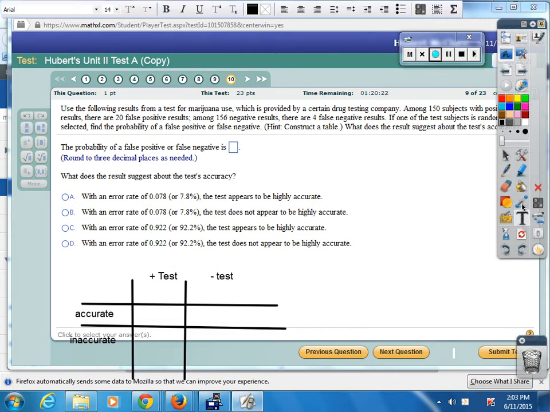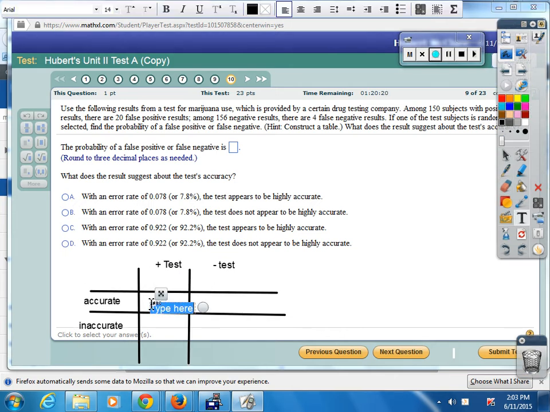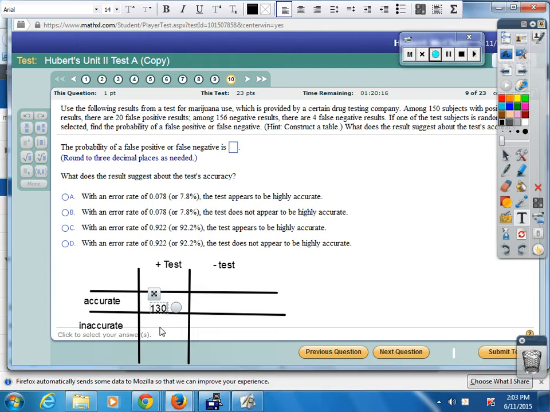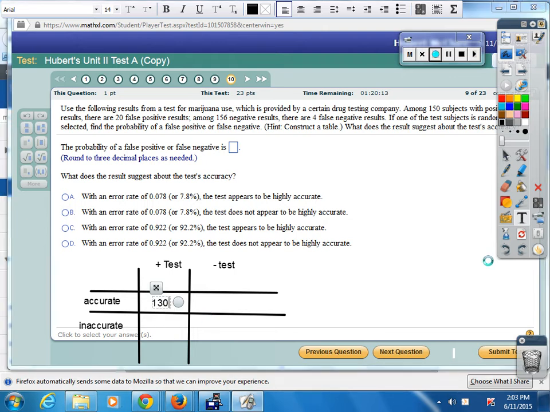I'm trying to work where y'all can see it, so y'all just have to bear with me. 130. And 20. And then the other is 156, but it'll be 152 and 4.